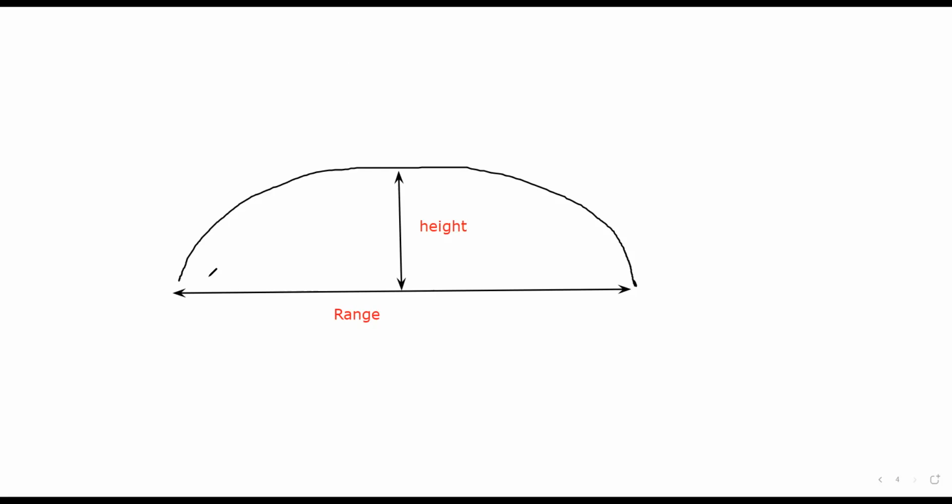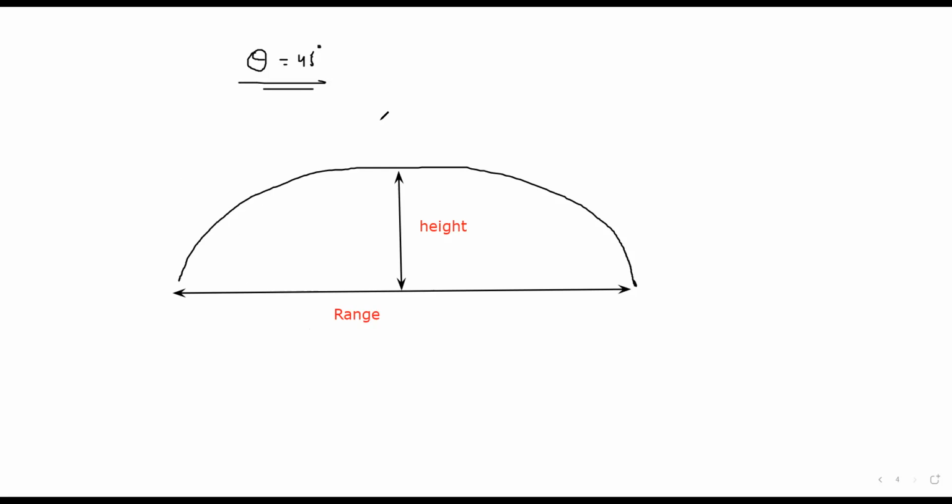And the range is maximum if the launching angle is 45. So if we launch a projectile with an angle of 45, it will have a maximum range. But if we change the angle, then the range will start to decrease.